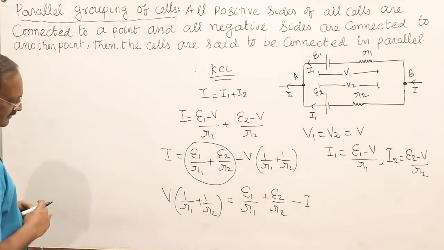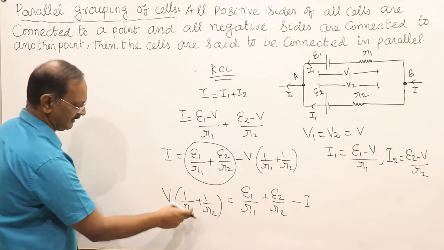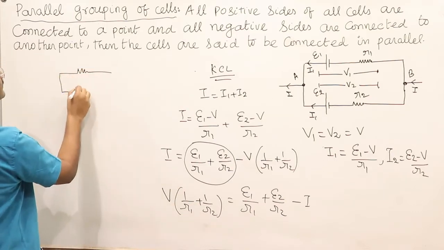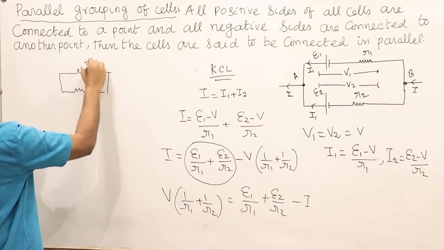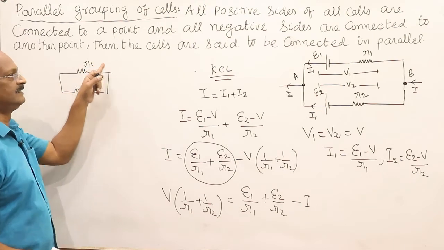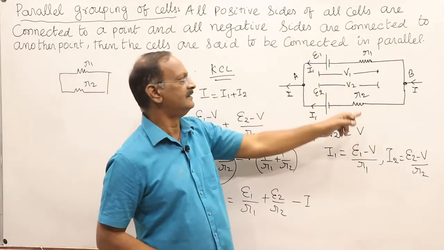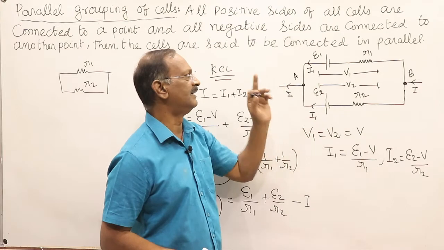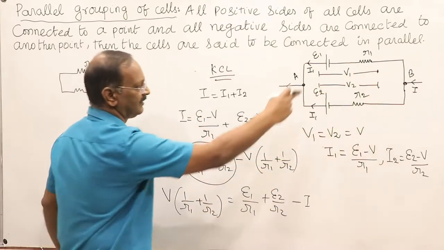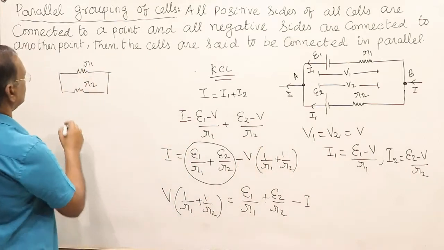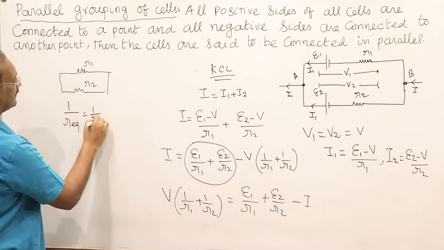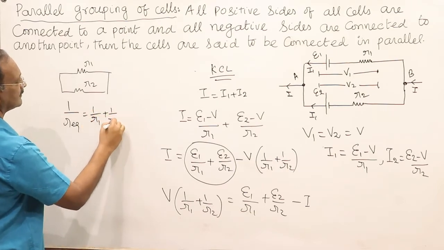After writing this equation, let us see what 1 by R1 plus 1 by R2 is. Suppose two resistances R1 and R2 are in parallel. The equivalent resistance for this circuit is 1 by R equivalent is equal to 1 by R1 plus 1 by R2.